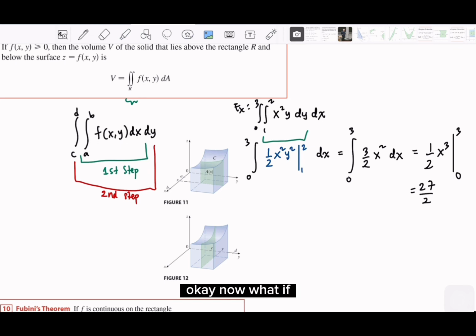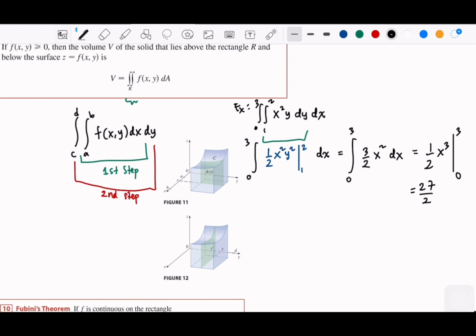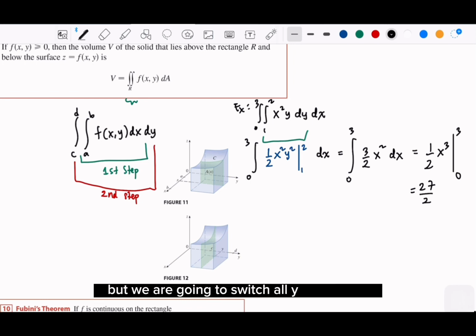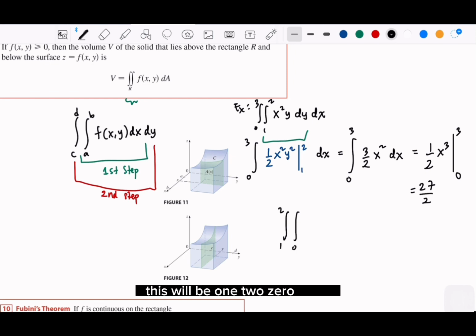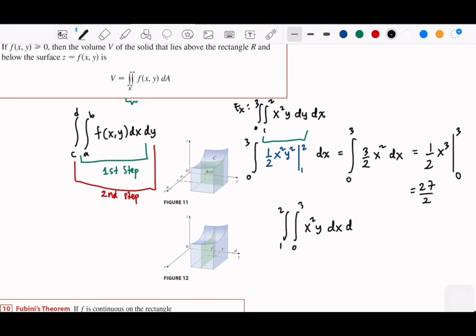Now what if we switch the x and y? It will be the same integration, but we are going to switch all y and x. So this will be 1, 2, 0, 3, same function, but now it's dx dy.